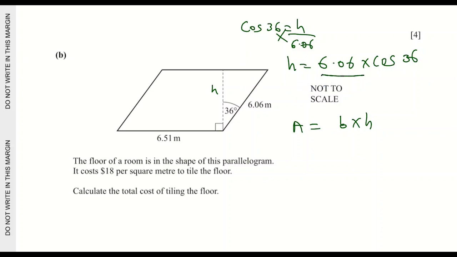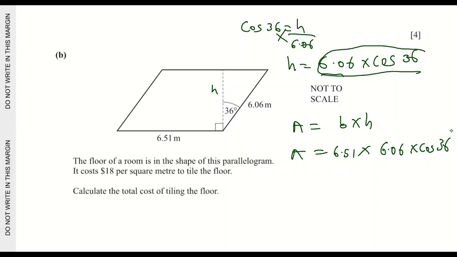So we can substitute the whole of this into the formula. So the area A equals the base, which is 6.51, multiplied by the height. So the whole of this is now the height, which is 6.06 multiplied by cos 36 degrees, right?